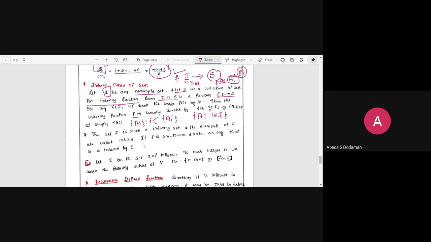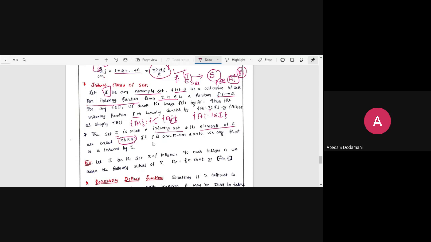Then this set I is called the indexing set, and the elements of I are called indices. I may have 10 elements, 20 elements, 100 elements; they are called indices, and the whole set is the indexing set.